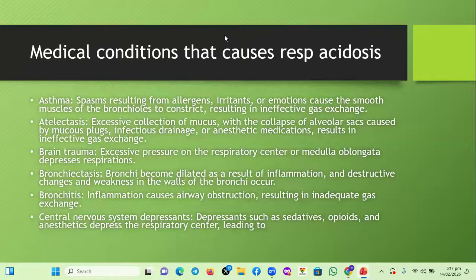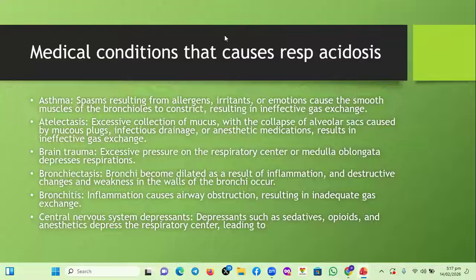Then we have bronchitis. When the bronchi become dilated as a result of inflammation, that causes changes and weakness in the walls of the bronchi, and that will also affect how carbon dioxide gets eliminated from the lungs. Anything that affects gaseous exchange will cause the individual to experience respiratory acidosis.